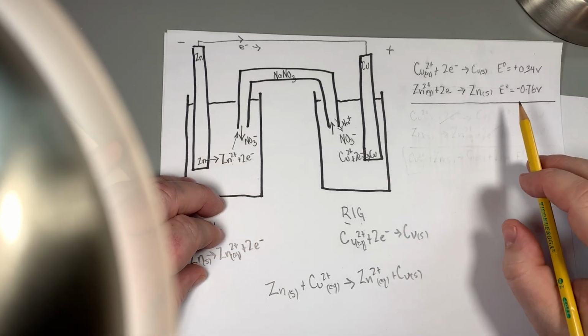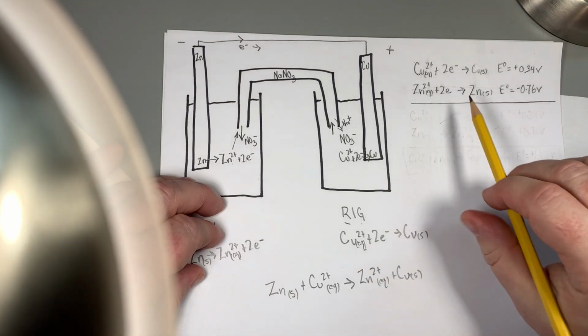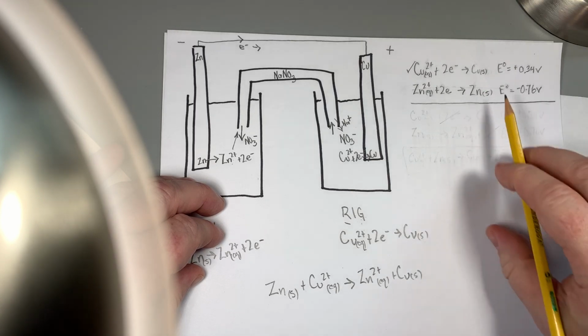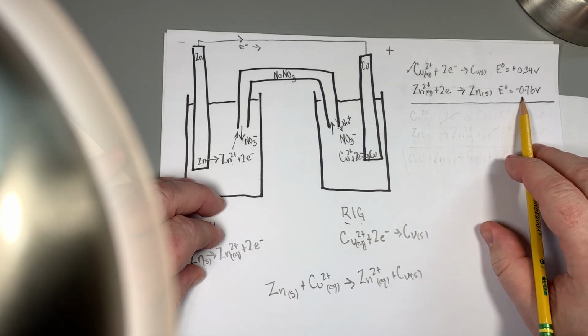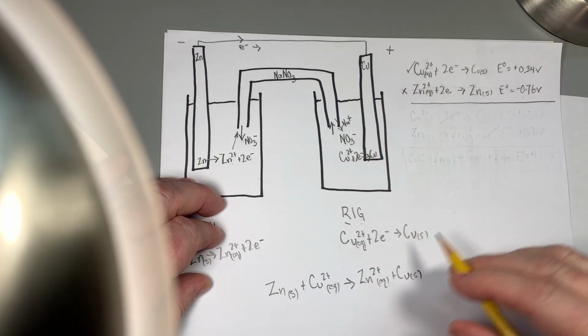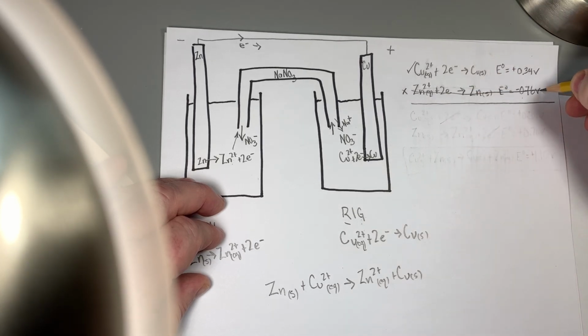Now the stronger, more positive, the bigger potential is the one that actually occurs as a reduction. The other, which has a smaller, more negative value, or it's further left on the number line, this one does not occur as a reduction. In fact, this will be our oxidation half reaction.